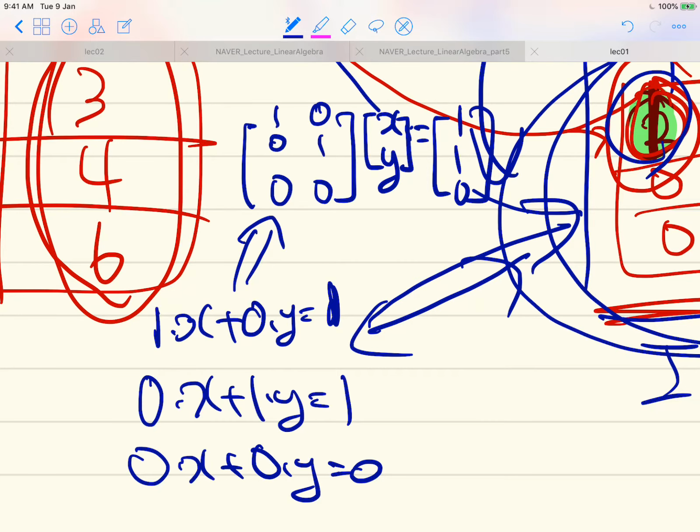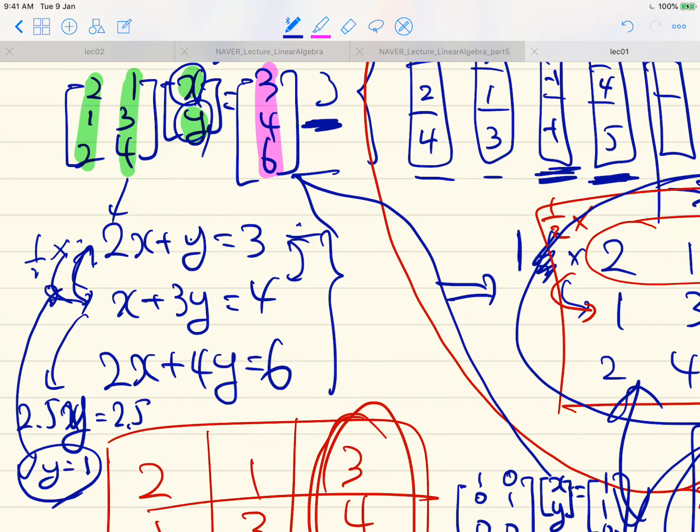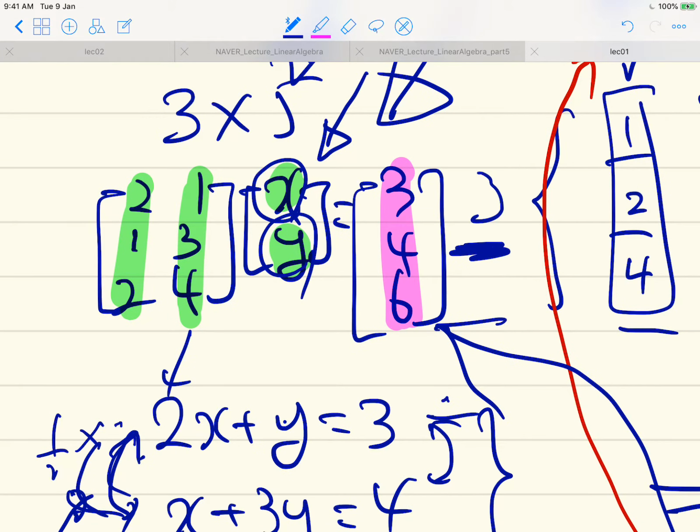The solution for this and for that, all four different cases, share the same solution.